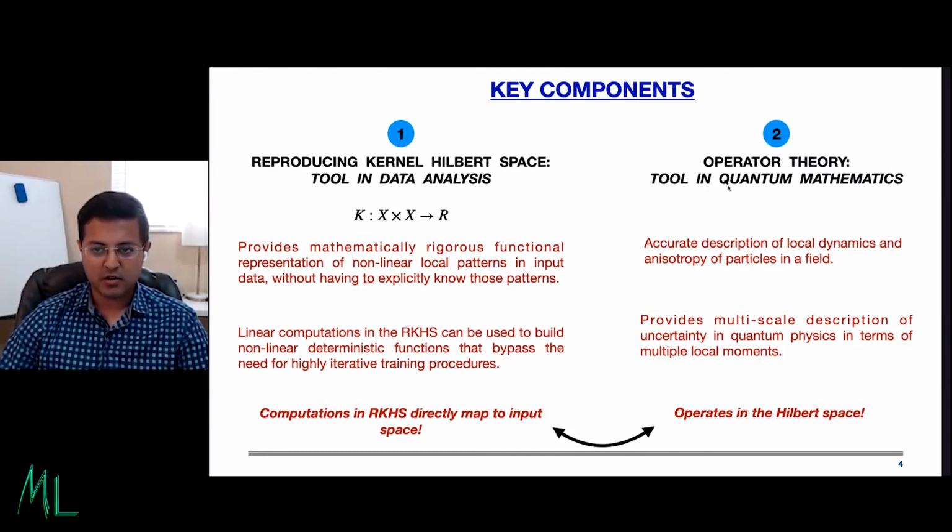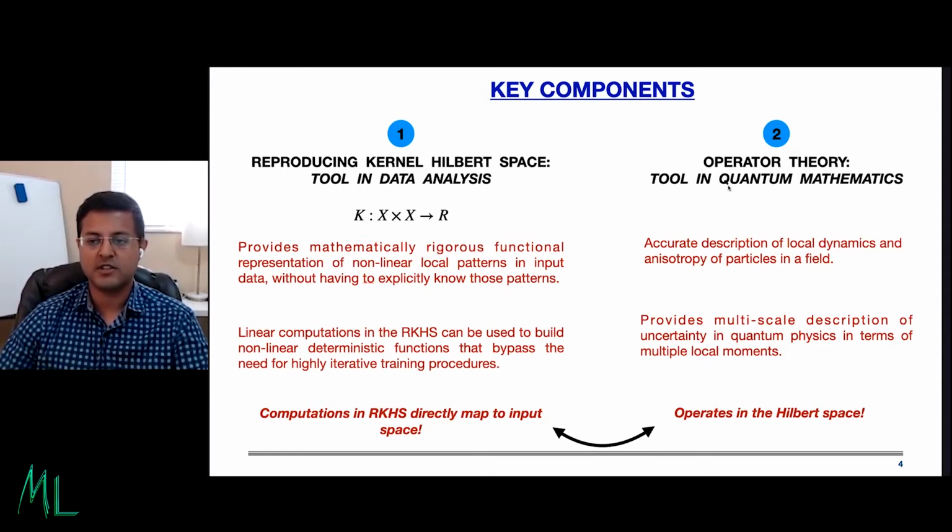So the operator theory on the other side is a tool in quantum mathematics and specifically in quantum physics that provides an accurate description of the local dynamics and anisotropy of particles in a field. And it is known to provide a multi-scale description of uncertainty in quantum physics in terms of multiple local moments of any particle that is operating in a field.